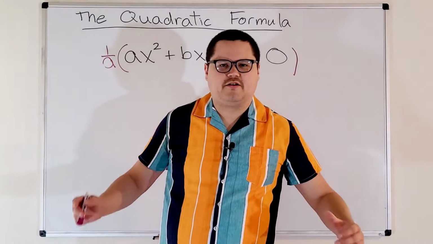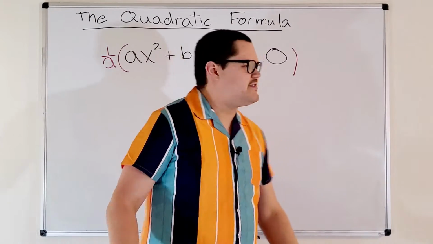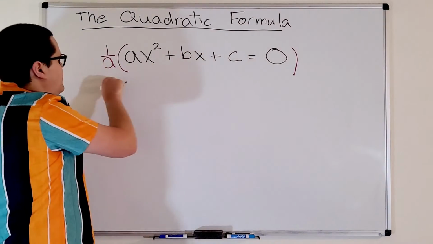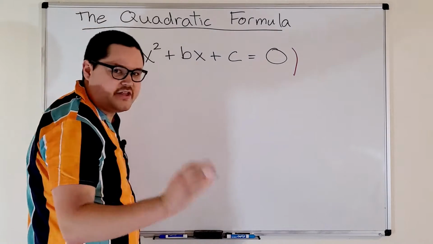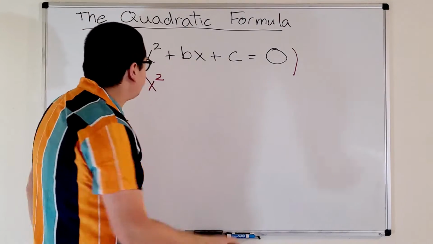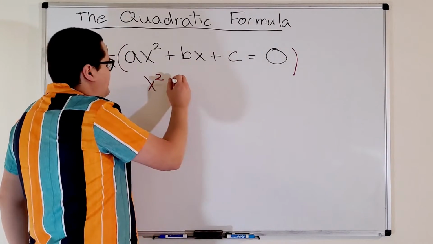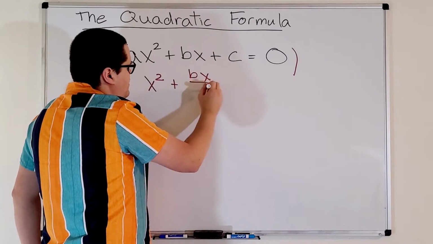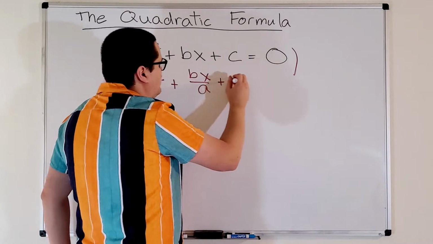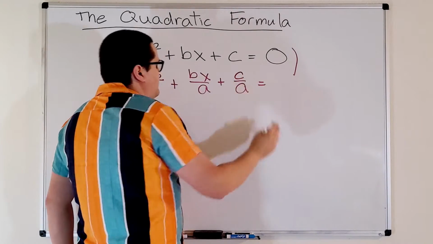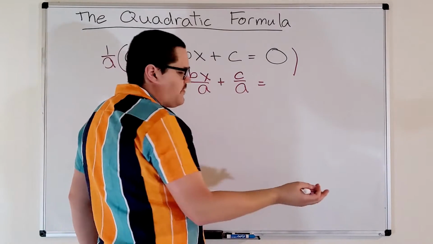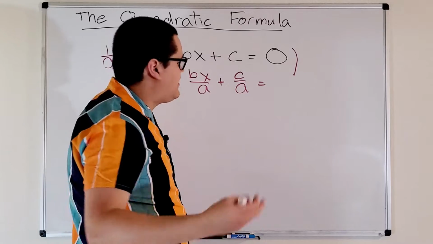All right, so multiplying by 1 over a is the same as dividing every single term by a. So ax squared over a, well, the a's cancel, and that just leaves us x squared. Bx over a is exactly that, just bx over a. And c times 1 over a is just c over a. Well, 0 times anything is itself, so 0 times 1 over a is equivalent to 0 over a, which is just 0.